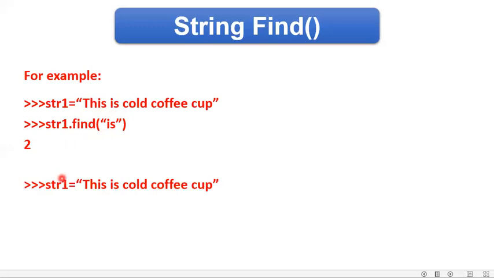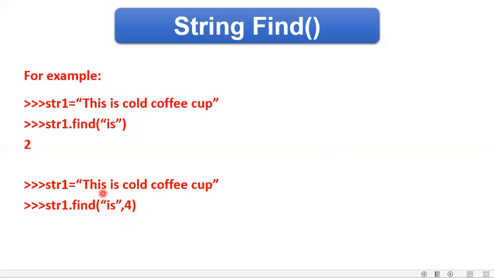Next example, same string we are taking over here, but we are making a little change in find. So str1.find("is", 4). This is my substring which I am looking for, but this is the beginning position, that is the fourth index position in the string from where I need to start my search.